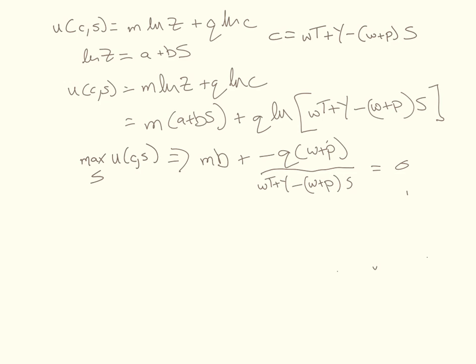So I can just rearrange that then, and I get an equation for the determination of schooling. The amount of schooling I choose is equal to WT, so my endowment, divided by the cost of schooling.